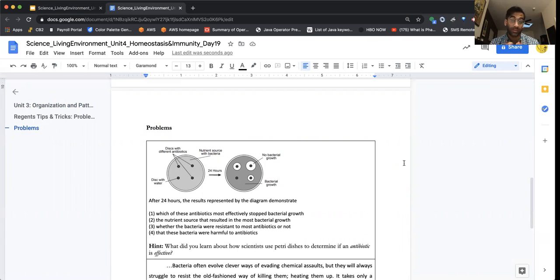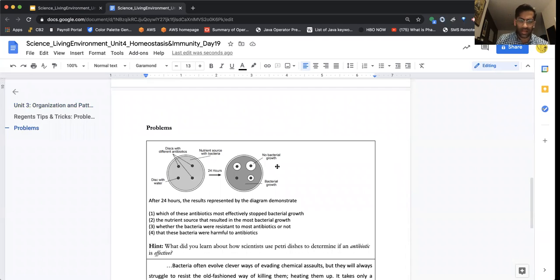That means it's been inhibited, and the earlier it stops growing relates to how effective that particular antibiotic is in killing bacteria. So the smaller the ring, the more effective the antibiotic, and the more useful the test.